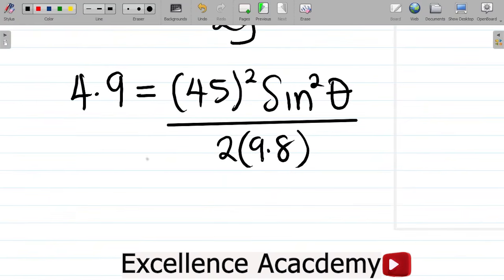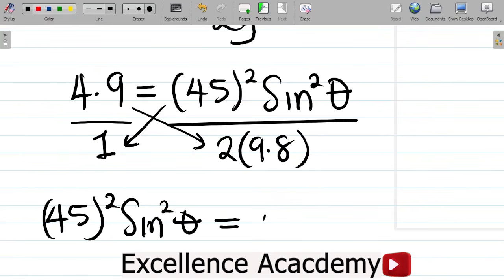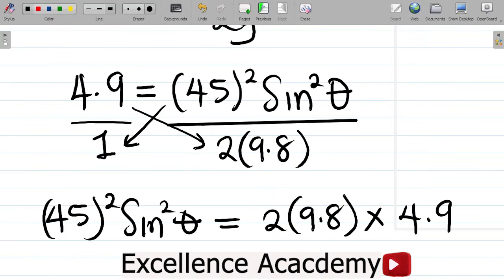To solve this, all I have to do is cross multiply. This is all over 1, so 45 all squared sine squared theta is equal to 2 times 9.8 times 4.9.